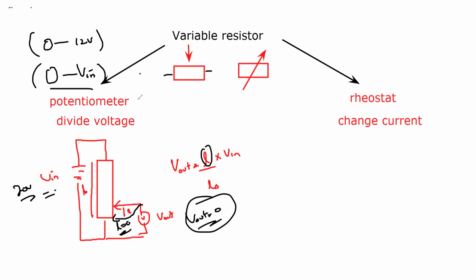But when we use it as a rheostat, our main purpose is to change the current. It will also change the voltage, but we only use the sliding contact and the fixed end, and then the device is there.